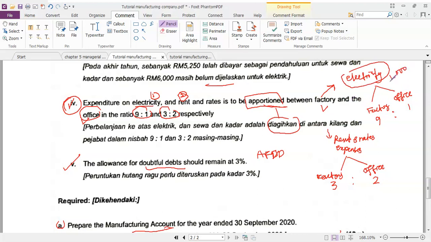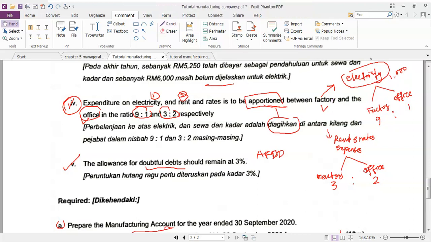So you must apportion the amount of 1,000 for Richel and Richie. How to distribute that amount? Using the ratio. Rachel should have got 9 over 1. So how much is 9? How much? Okay, let's look here.